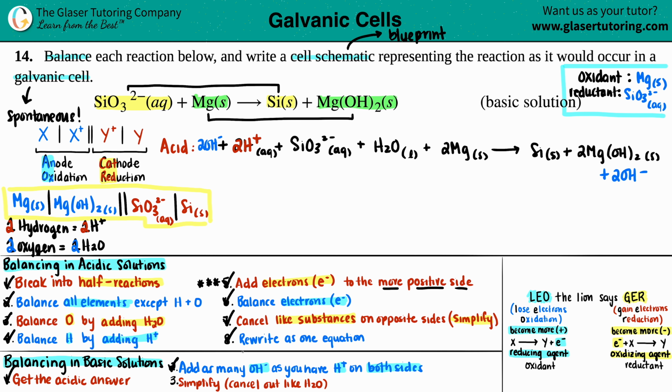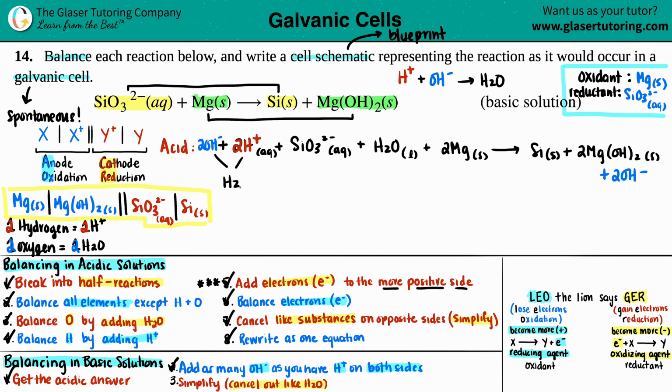Lastly, we have to just simplify. We're going to cancel out those like H2Os. Well, remember that when I have an H plus and I am reacting it with OH minus, this becomes water. So 2 OH minus plus 2 H plus is going to become water.